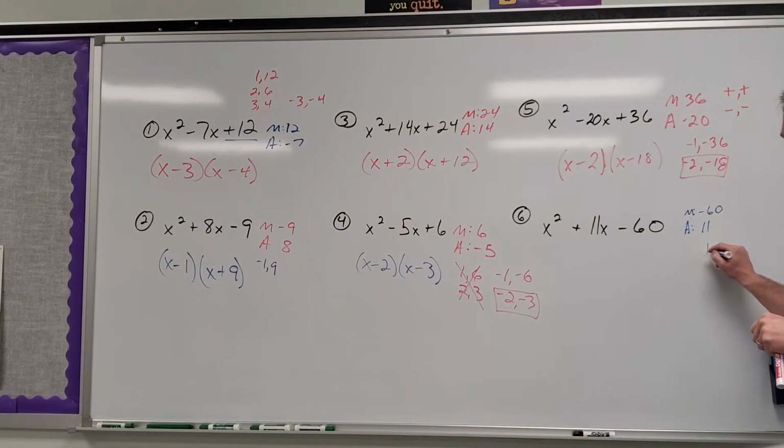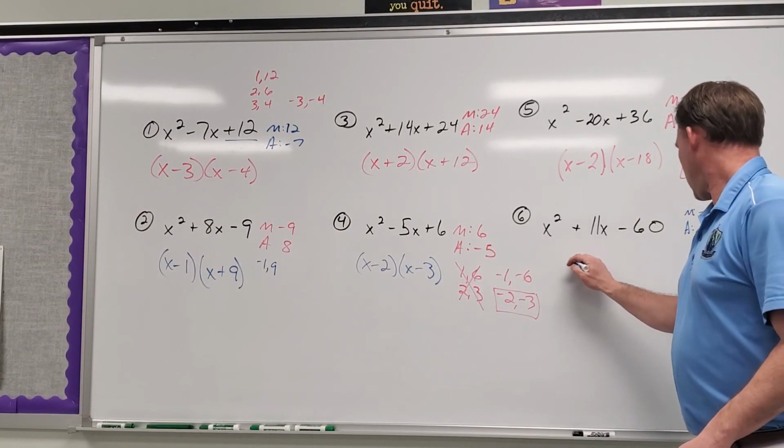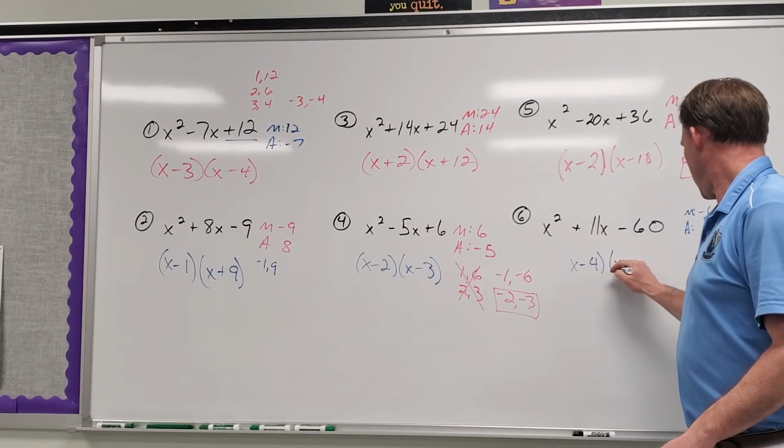So it's 1 and 60, and I know the bigger number has to be positive. If I'm making this list, it's 2 and 30, 3 and 20, 4 and 15. So now by thinking about the signs, I'm not worried about where the negative goes because it adds up to be a positive 11. So I know the bigger number is the positive, and right there, I found my combination. I'm not worried about every possible way to get 60 or negative 60. So I've got the answer.